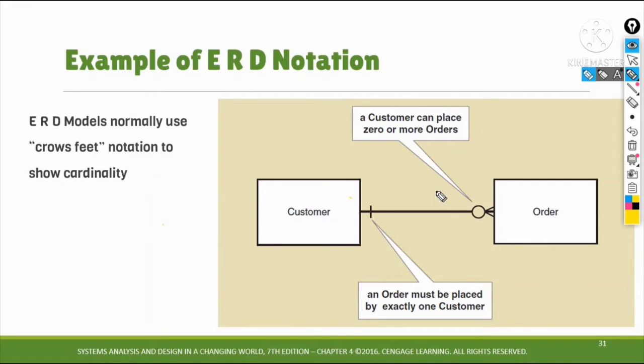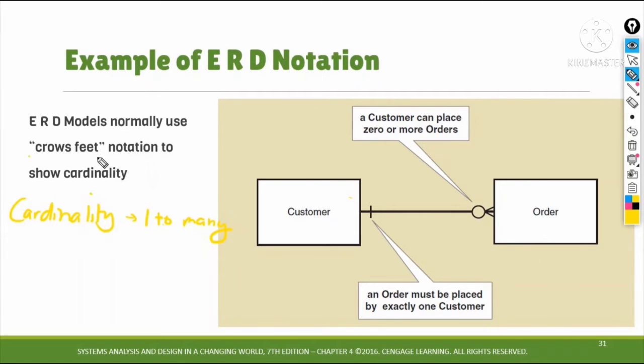And each order is placed by one customer. So the cardinality is one to many in one direction and one to one in the other direction.